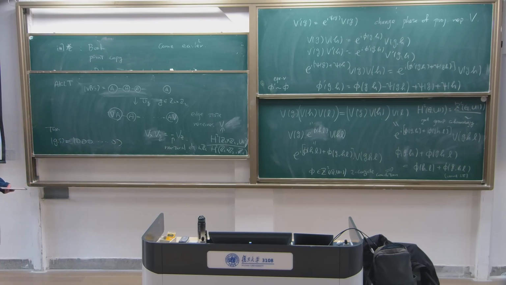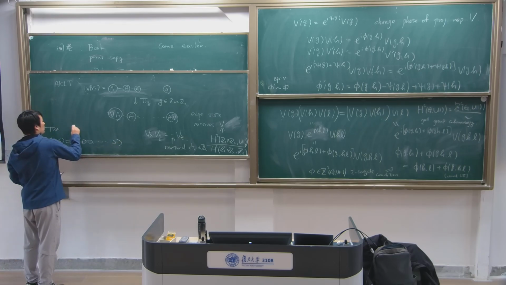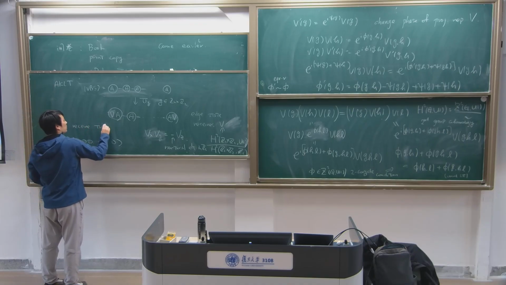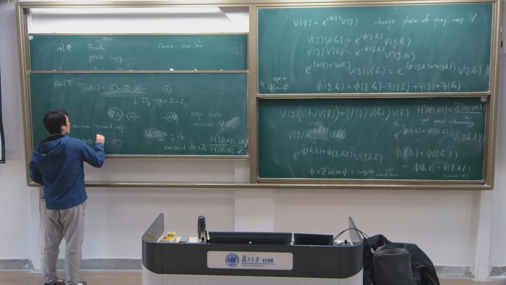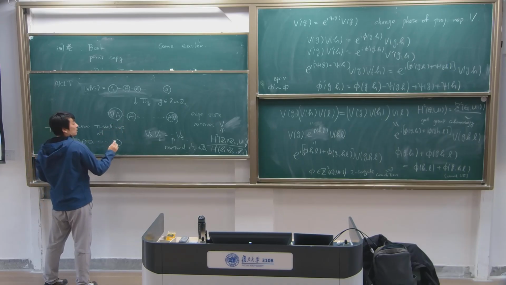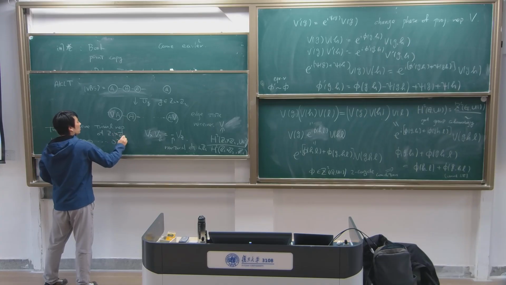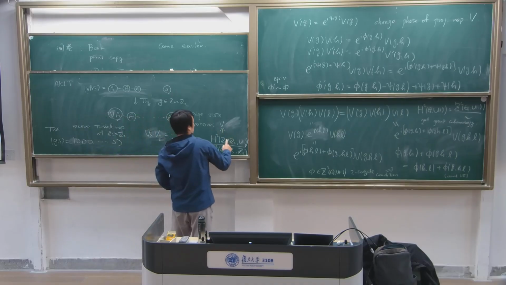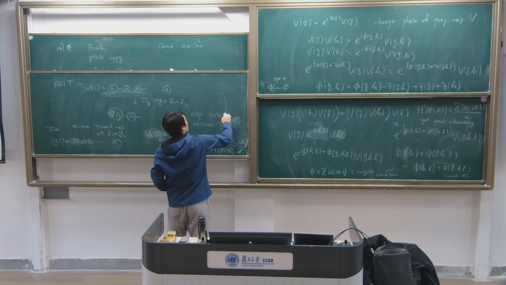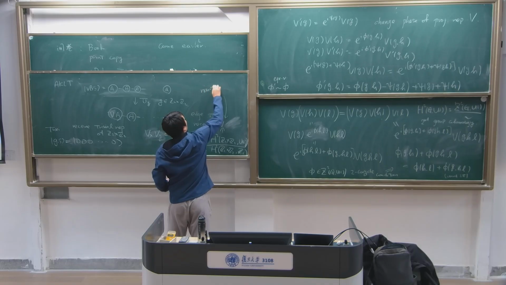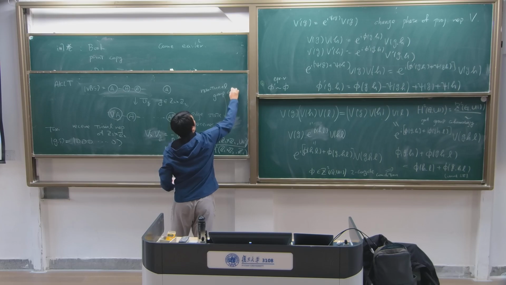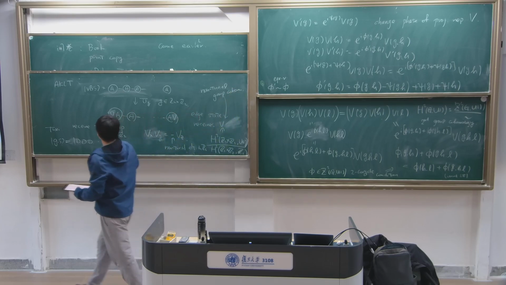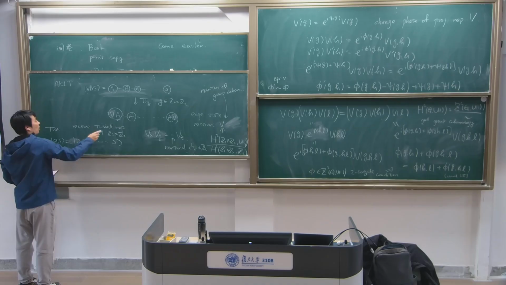So therefore, it acts as a trivial representation of Z2 cross Z2. And in the other case, this is non-trivial cohomology, and this is the trivial group cohomology.